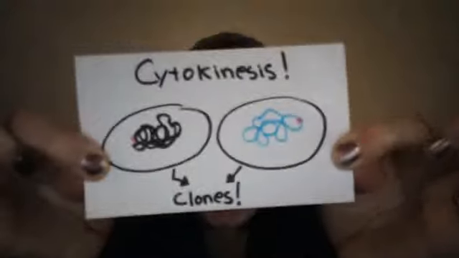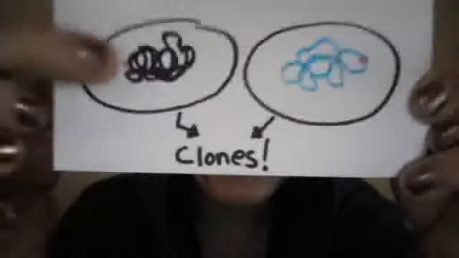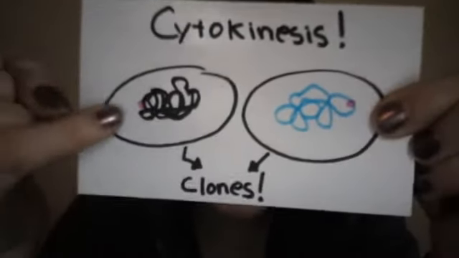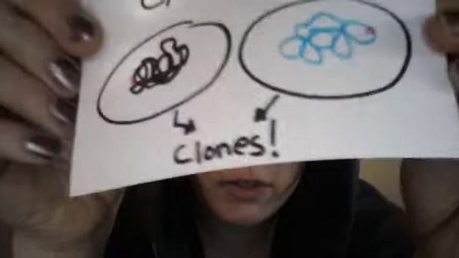All right, and the final step, cytokinesis. Now, as you can see, we have our parent cell and our daughter cell, and because they are exact replicas of each other, they are genetic clones.